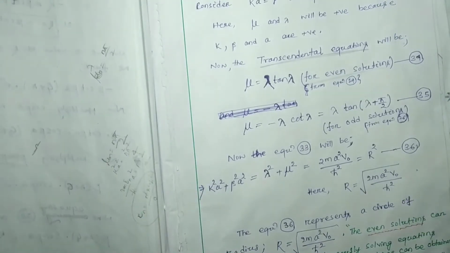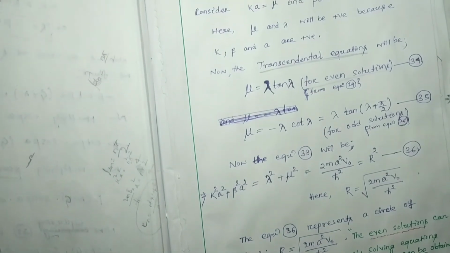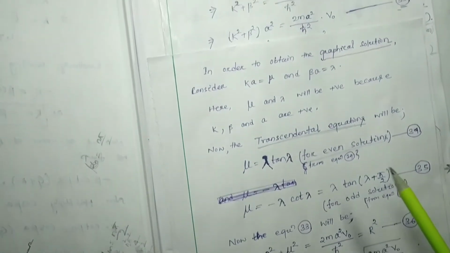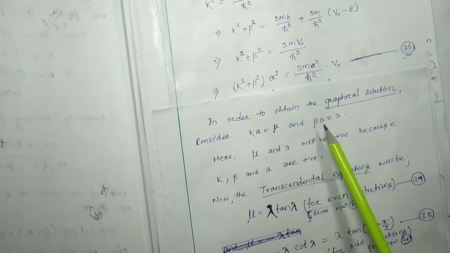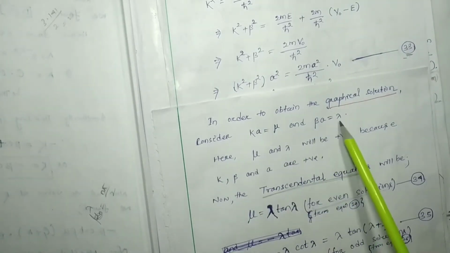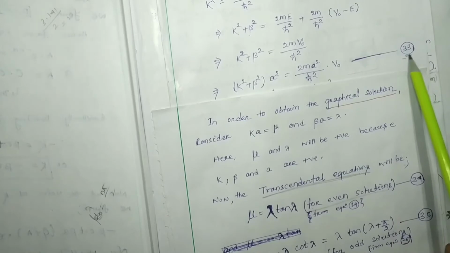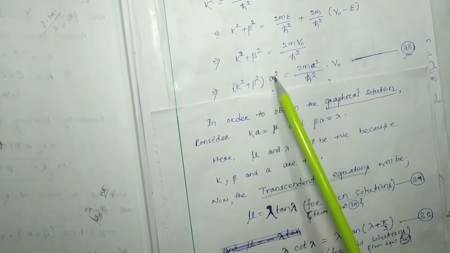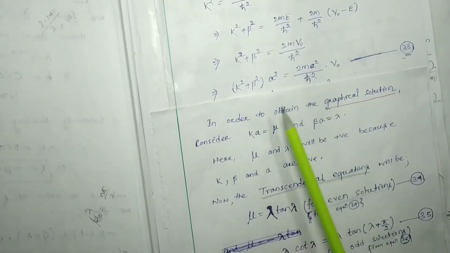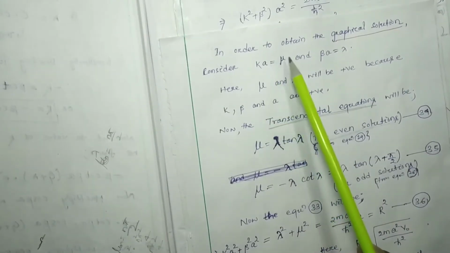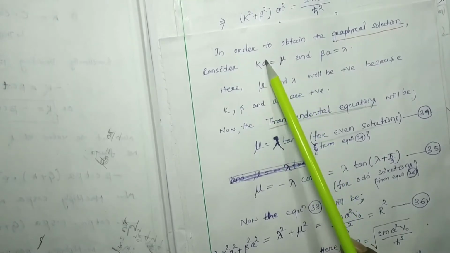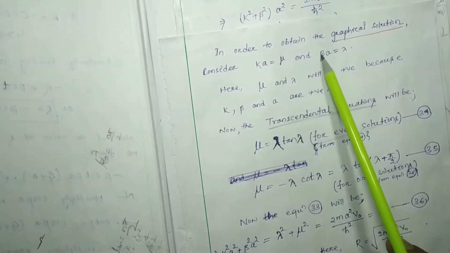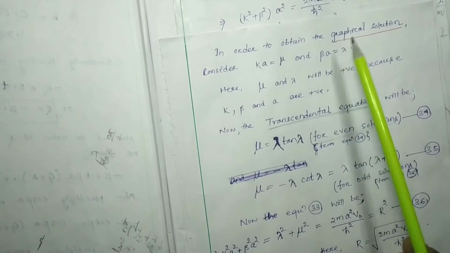Now we are going to put the values of k and beta a in equation number 33. So here we find that k square a square plus beta square a square is equal to this much. Here k a is nothing but mu, so k square a square will be mu square, and beta square a square will be lambda square.